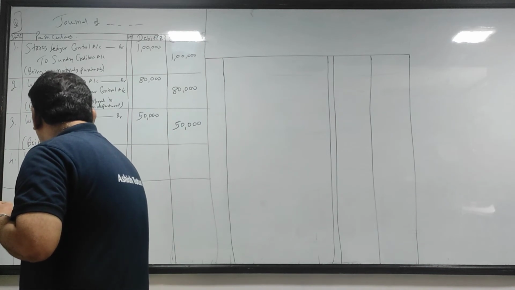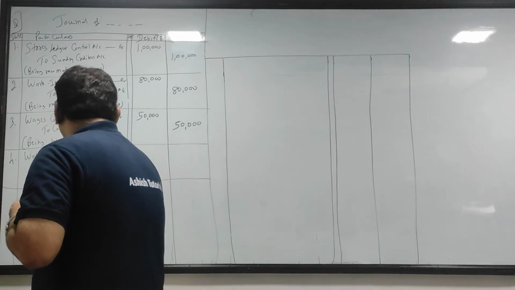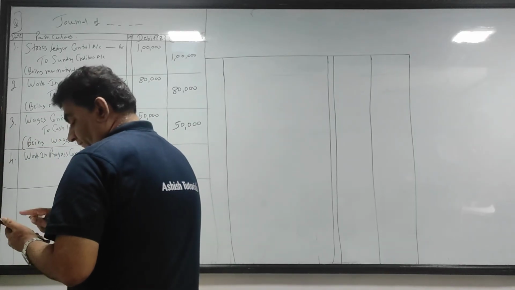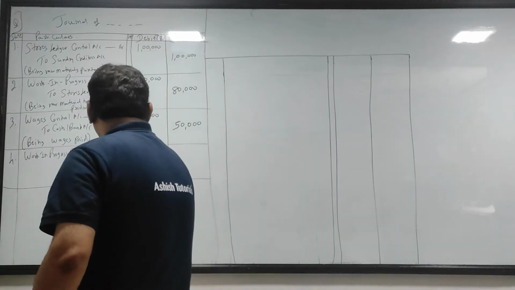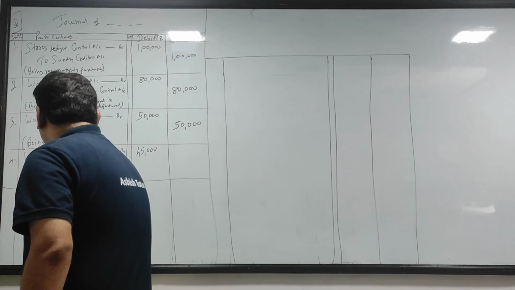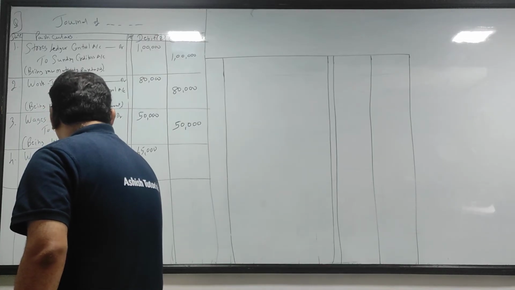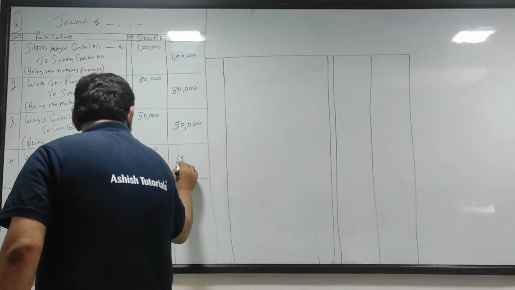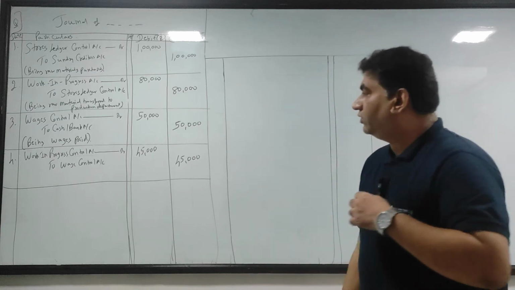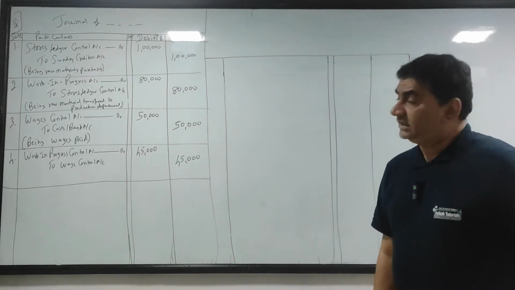Work in progress control account debit, how much was it? That is 45,000 to wage control account 45,000. Work in progress control debit 45,000 to wage control 45,000.